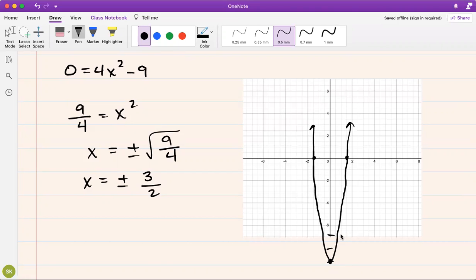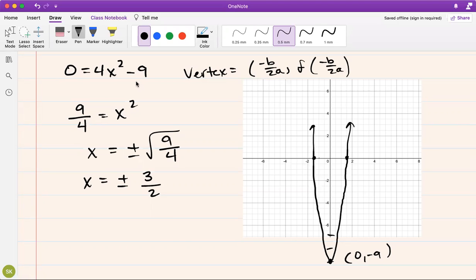And you can see that this looks a little stretched out. The vertex here is 0, -9. And you can find the vertex by using that formula. The vertex is -b over 2a, and then plugging that into your function.